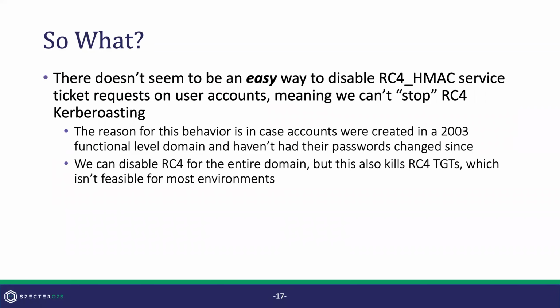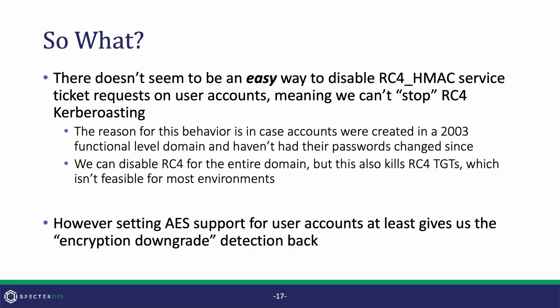You can disable RC4 for the entire domain, but this will also kill RC4 ticket granting tickets, which isn't feasible for 99% of environments because that would break probably every third-party thing possible. However, setting this AES support for user accounts at least gives us back the encryption downgrade heuristic.